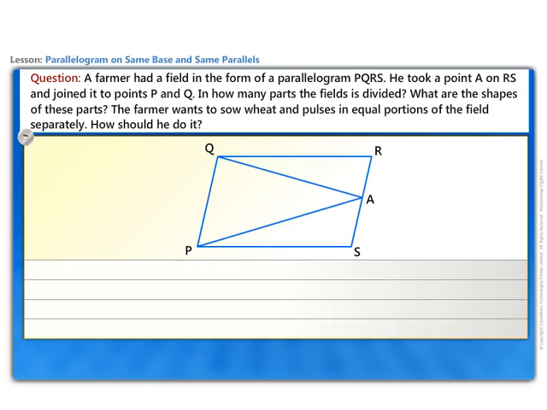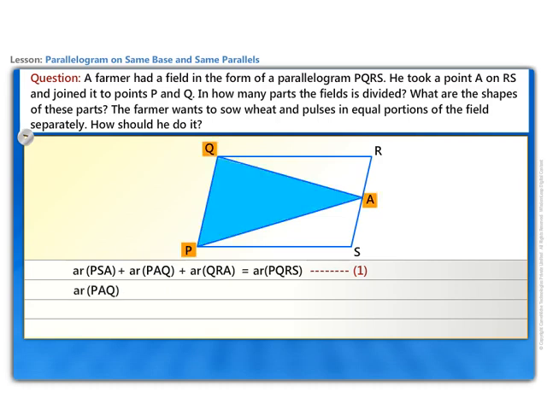We observe from the figure that the area of the parallelogram field is the sum of triangular regions PSA, PAQ, and QRA respectively. Consider this as equation 1. We know that if a parallelogram and a triangle are on the same base and between the same parallels, then the area of the triangle is half the area of the parallelogram.